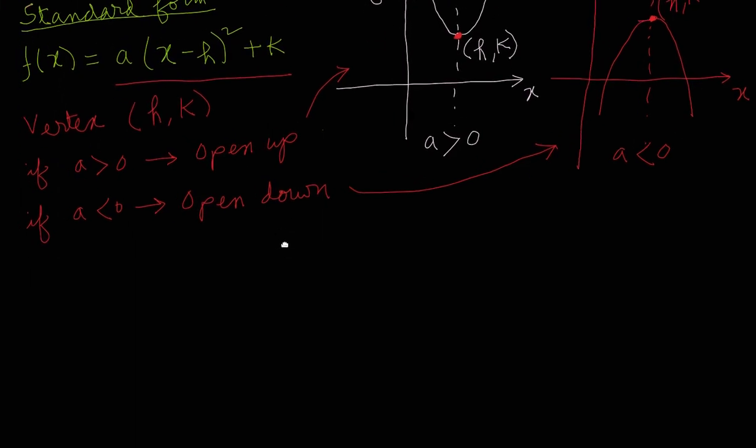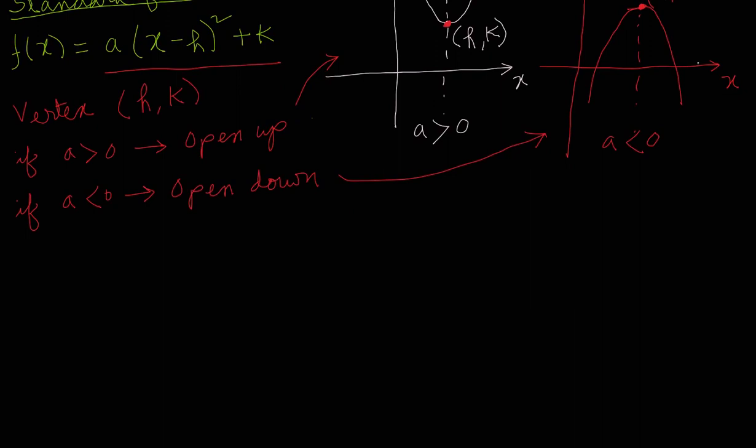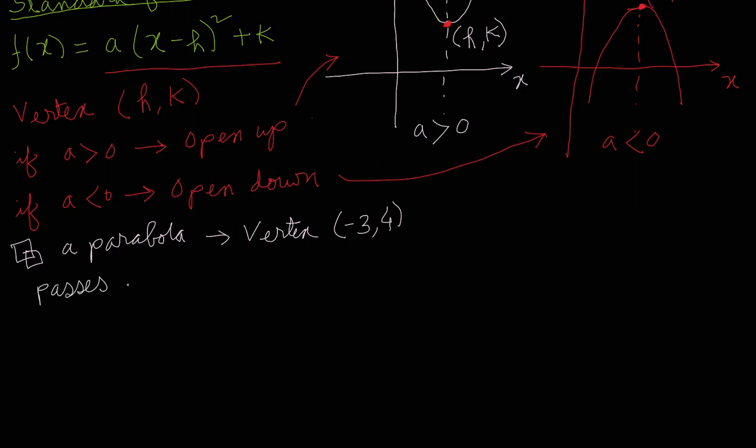So now let us try to solve a problem. Let's say I have a parabola, and the vertex of that parabola is at the point (−3, 4), and the parabola passes through the point (−4, 7).